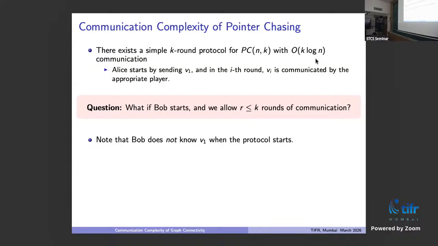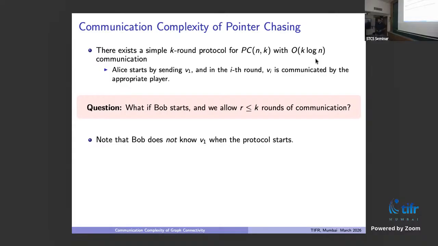Sorry, just for k equal to 2, for instance, it's like you're just looking at 2 steps, is it? Right. Okay. You're okay with 2 messages, but the first message must come from Bob, in which case Bob doesn't know what to do because he doesn't know V1. So we'll see that he can still send some useful information.